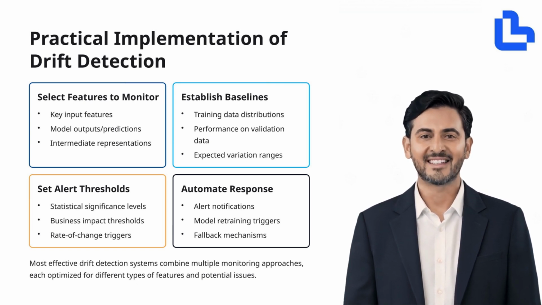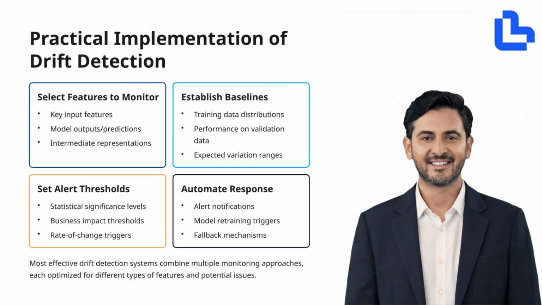This involves defining statistical significance levels, like a PSI value above 0.25, as well as thresholds based on business impact. For example, a small change in a feature might be statistically significant but irrelevant to business outcomes. You can also set rate of change triggers to catch rapid shifts that might indicate a serious issue.